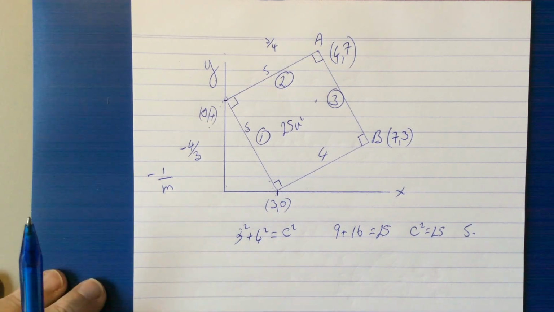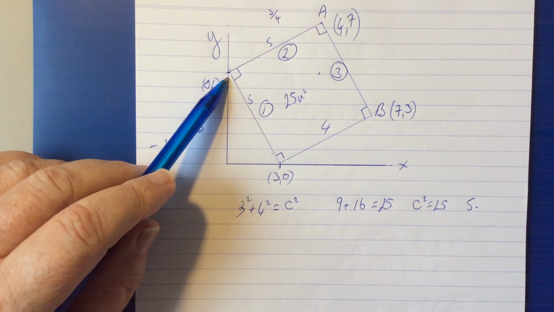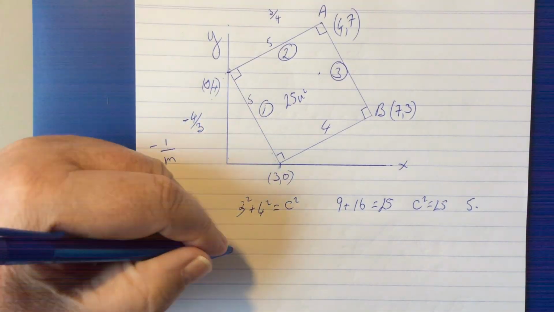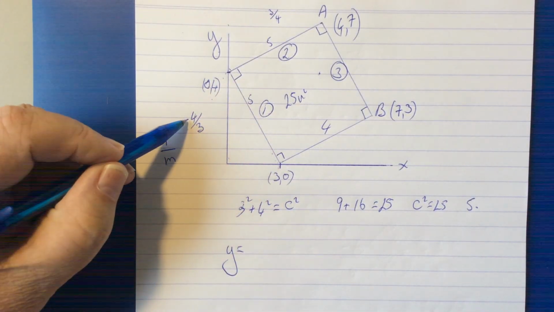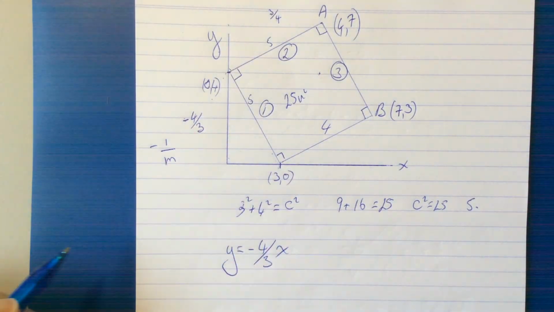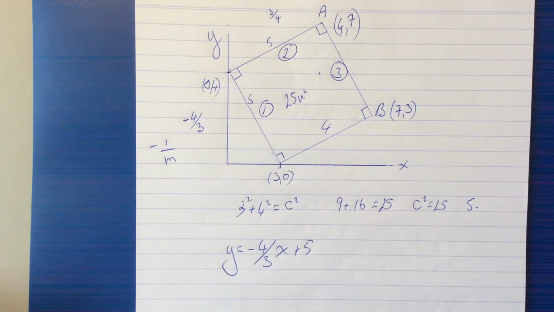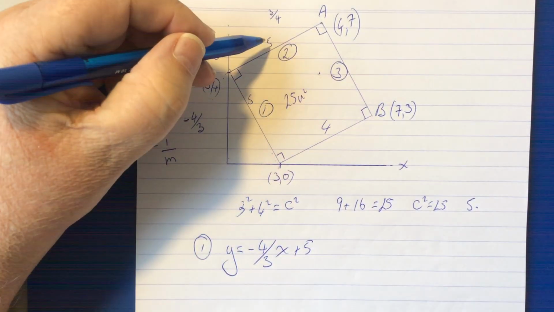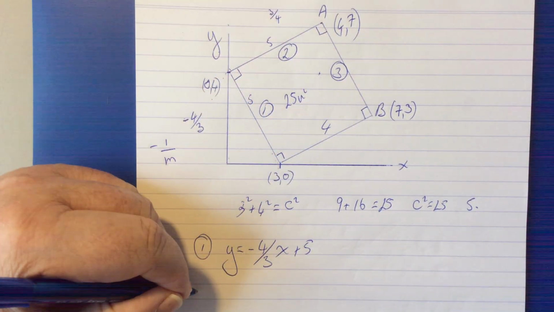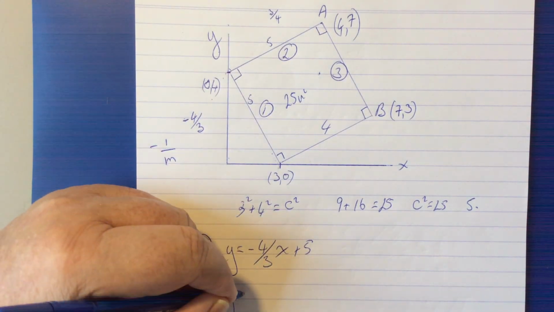Now let's get to these lines. Let's start here. This is the simplest one to do. We have the gradient for this. y is equal to negative 4 on 3 x, and we have the y-intercept plus 5. So that's 1. That's done. Now this one here, 2, we can do fairly quickly as well, because we have the gradient.